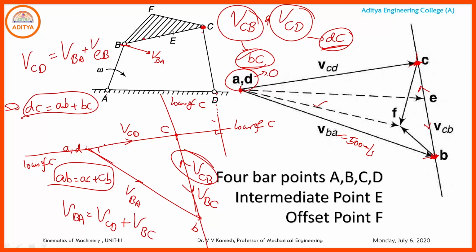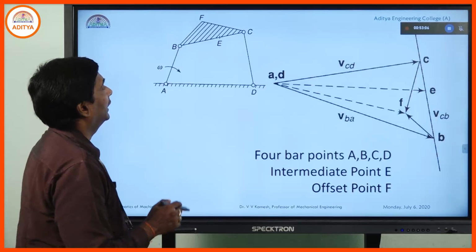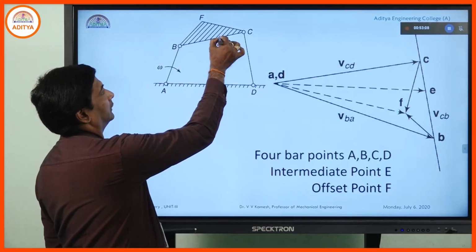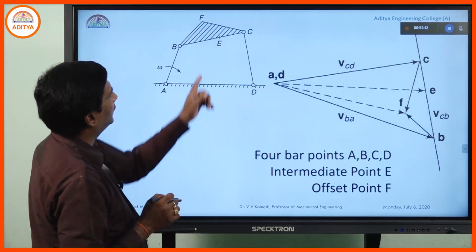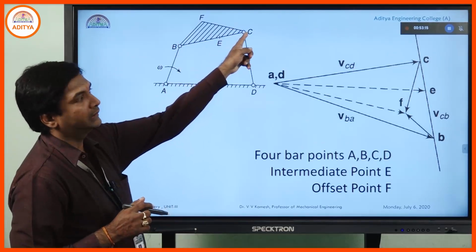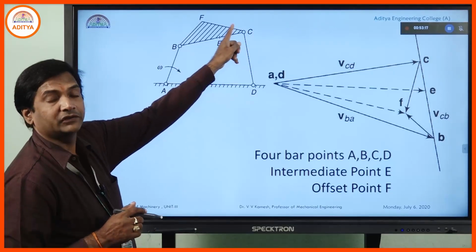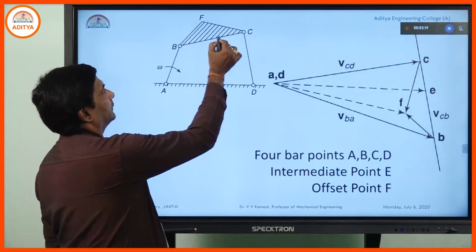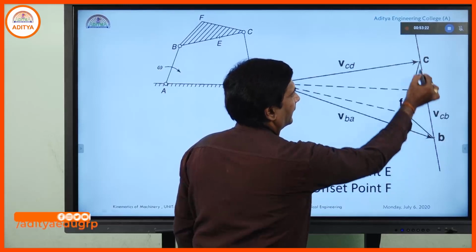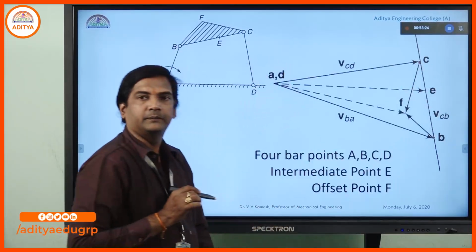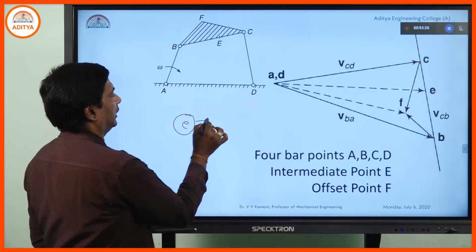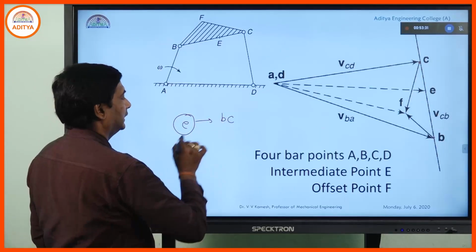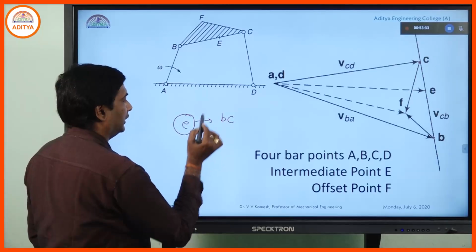Okay. Now, how to get velocity of an intermediate point E? So, this intermediate point is on the link BC. On this BC, we need to identify the point E. Same proportion, we need to identify the point E on BC such that, what is the equation?